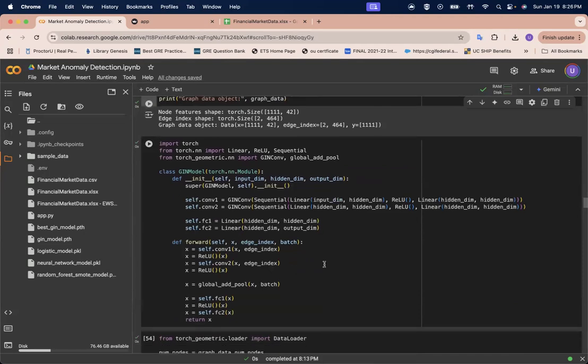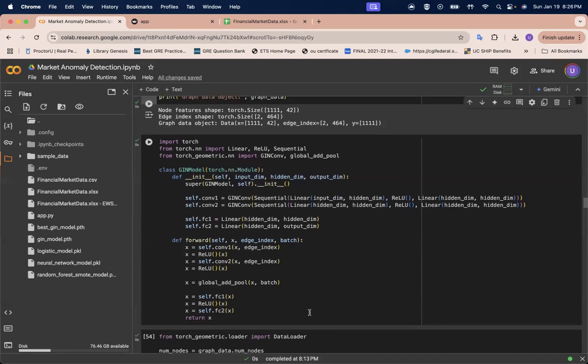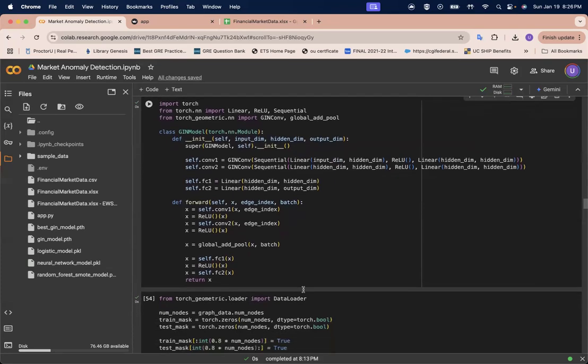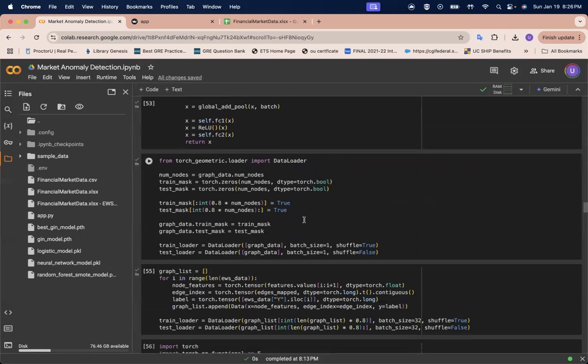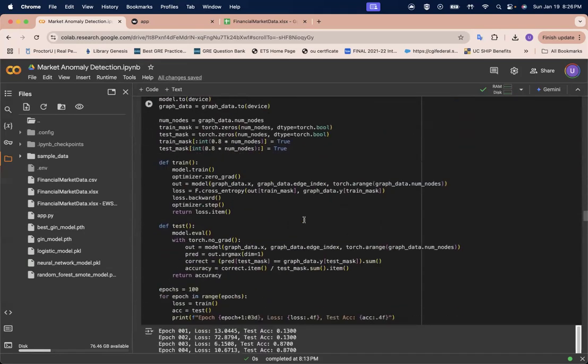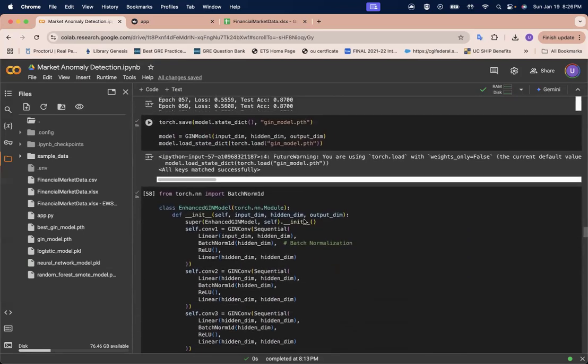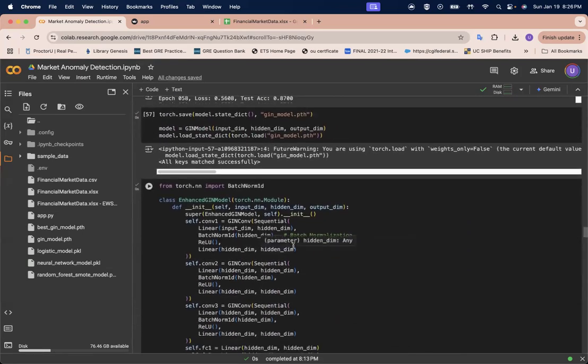Once we have done that, this allows the graph isomorphism network to detect subtle patterns and interdependencies that traditional models might miss. And its ability to generalize these relationships has helped it outperform the other models that we have trained for identifying anomalies. And it had a very high testing accuracy of nearly 87%.